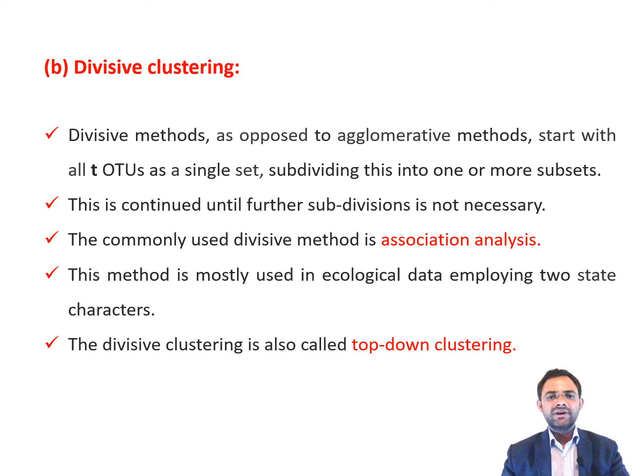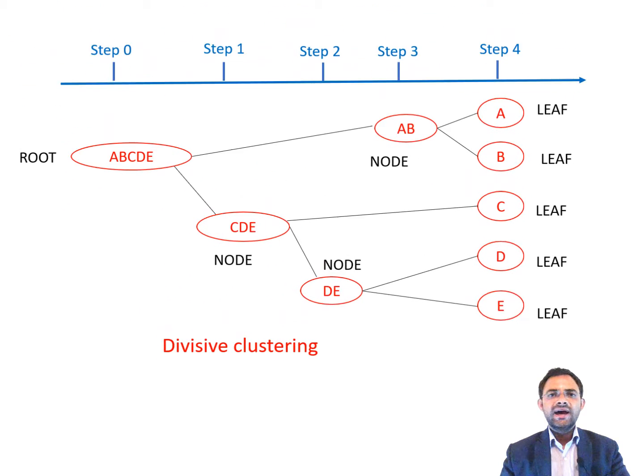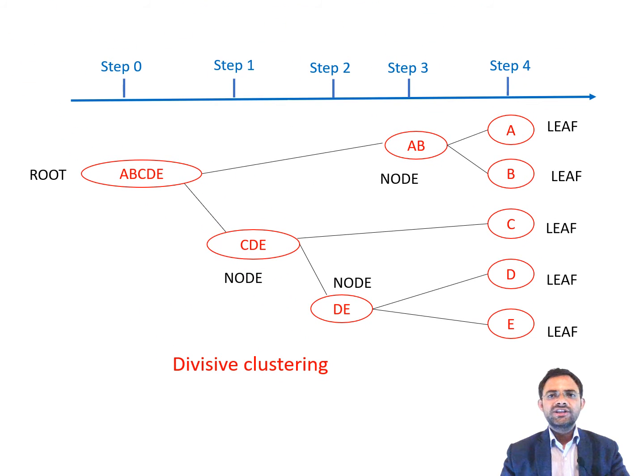This divisive clustering is also called top-down clustering. Thus, the divisive clustering method is opposite to the agglomerative clustering. It starts with all individuals or all OTUs and continuously splits into smaller and smaller groups.